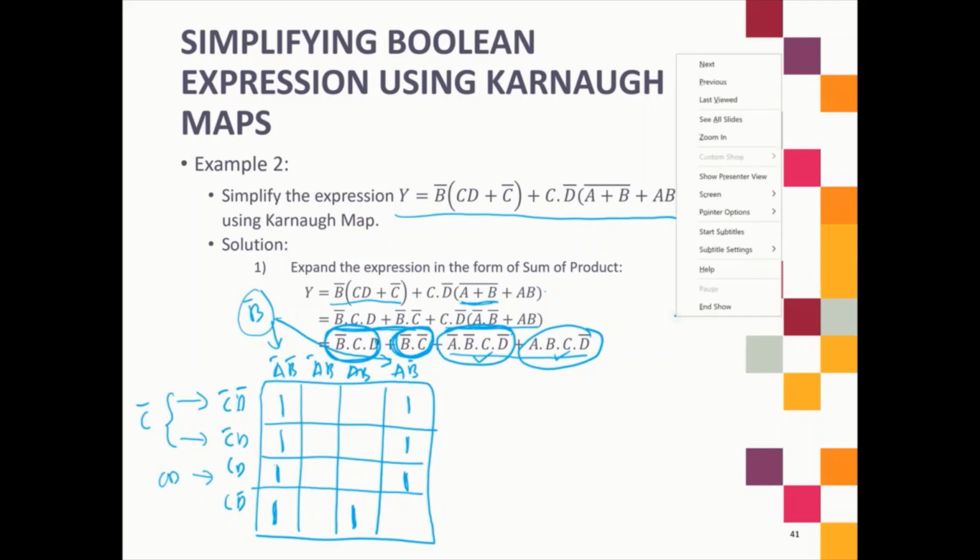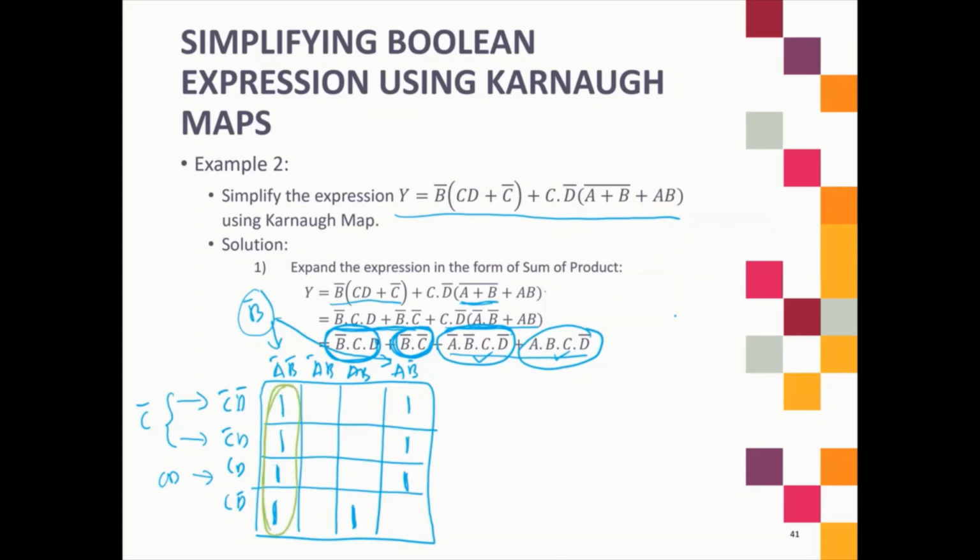Okay, so next we will do the looping. You start with this loop of 4 adjacent cells. And then for this another 3. So you must remember for 4 variables, this column and this column are adjacent. This whole column and this column are adjacent. Same goes with this column and this whole column.